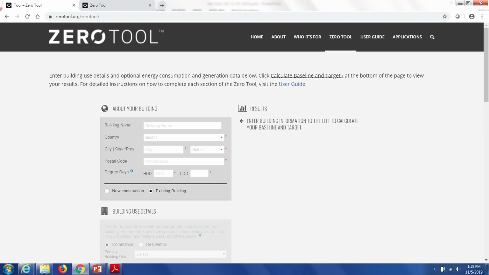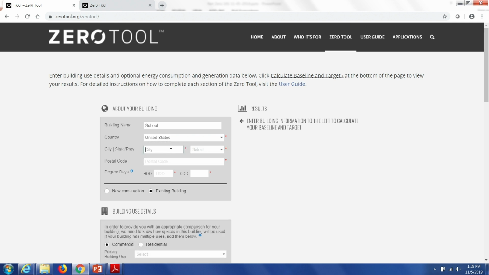Let's say we're doing a K through 12, kindergarten through 12 school, so let's just call it school. It's set up for the United States or Canada. I think they have versions for other countries too.